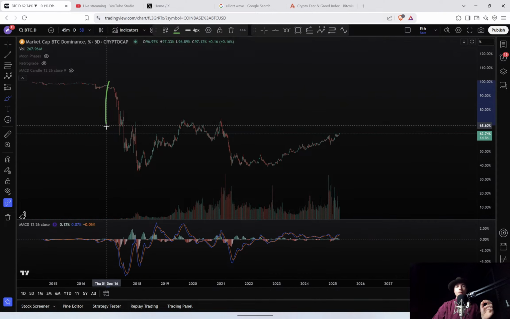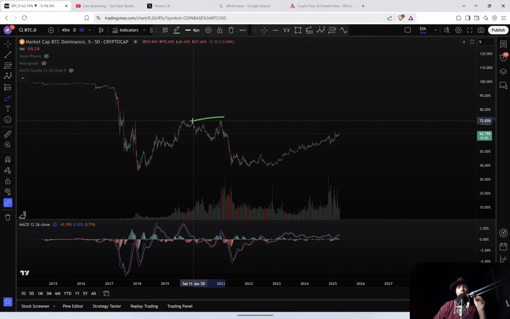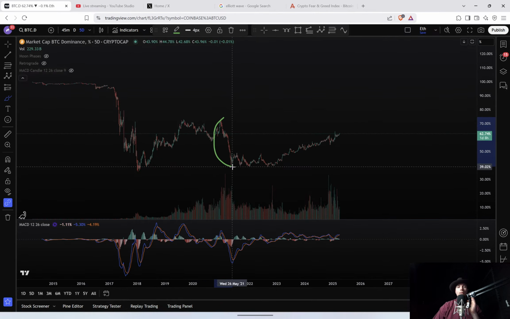So if Bitcoin dominance is going down, then those other coins are increasing at a faster rate than Bitcoin is. So Bitcoin is losing dominance, right? So basically what happens every bull market ever is first Bitcoin dominance increases, and then as you start to progress throughout the bull market, then altcoin dominance takes over and Bitcoin dominance goes down.